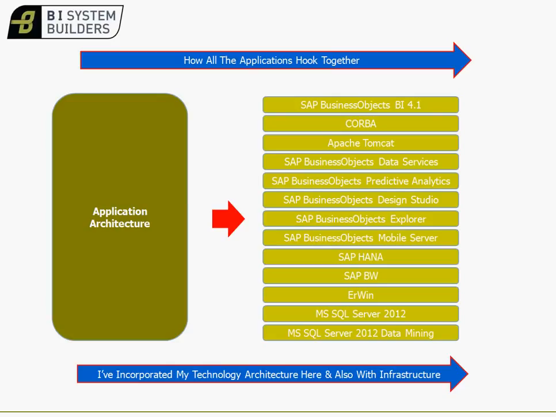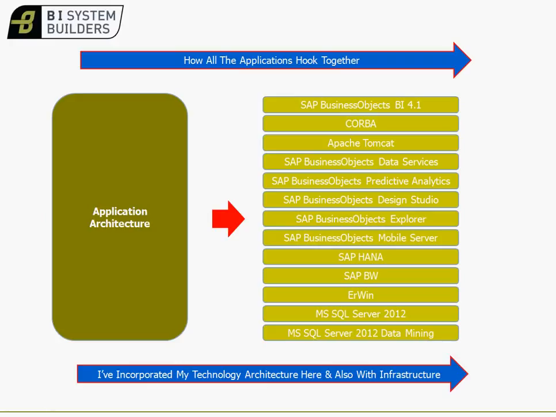But the relationship between Microsoft SQL Server and SAP BusinessObjects BI platform is less tight. So we can use that as the RDBMS, and we can use it for the CMS and the auditing tables, but the relationship between the two vendors is not necessarily one of tight integration.